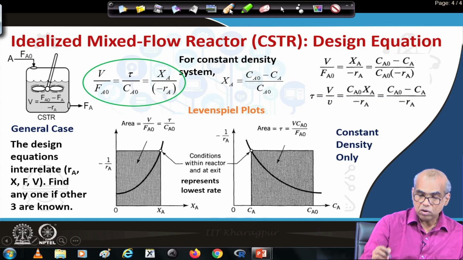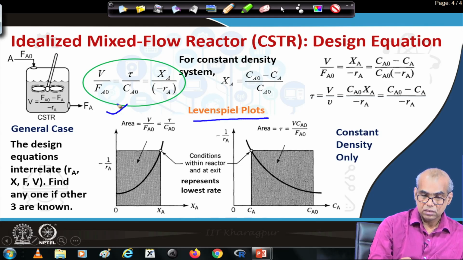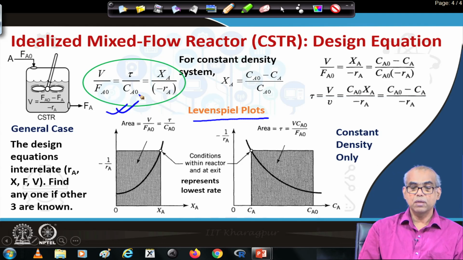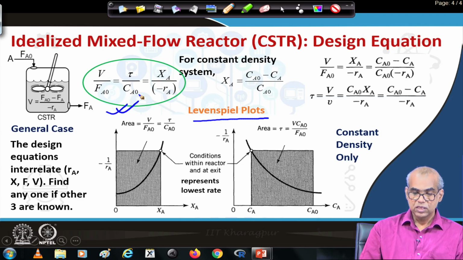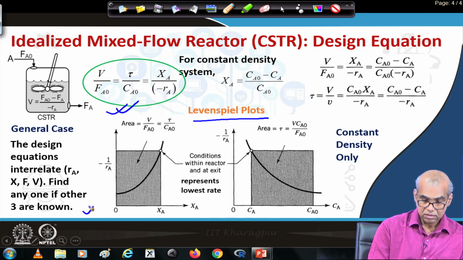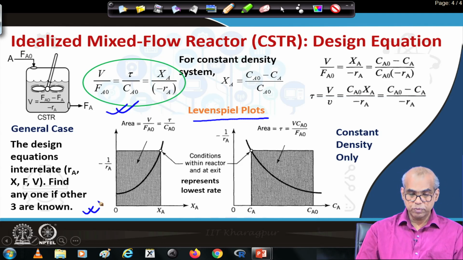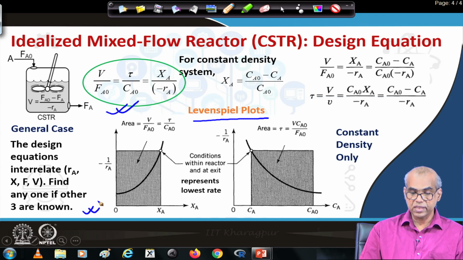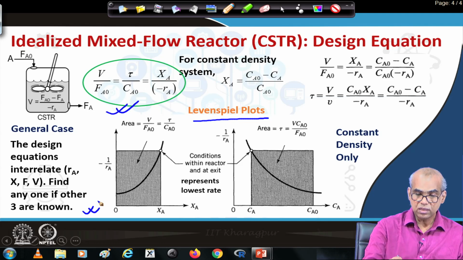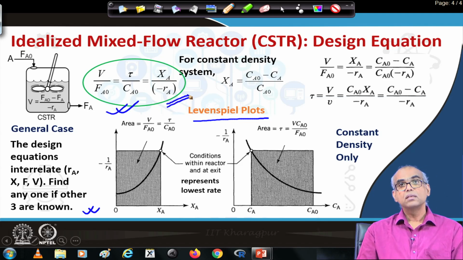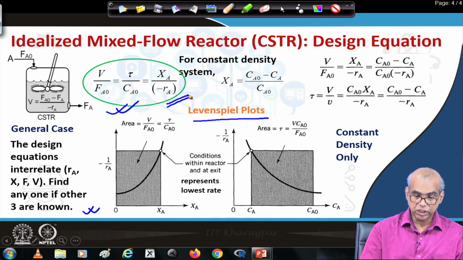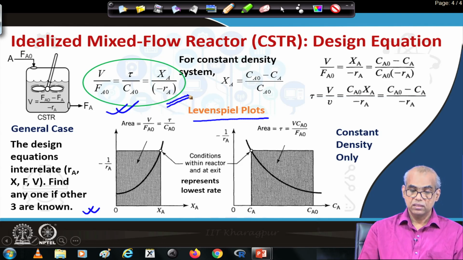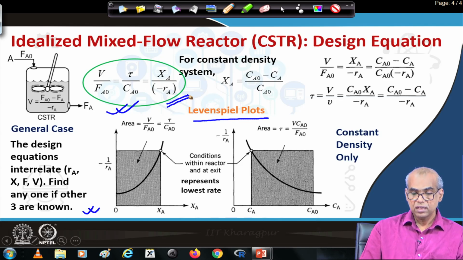Again, this is the Levenspiel plot for CSTR, the mixed flow reactor. So, again I make a Levenspiel plot, minus 1 by rA versus XA, and from this equation you see that this area, the shaded area, is basically a measure of the volume of the reactor.